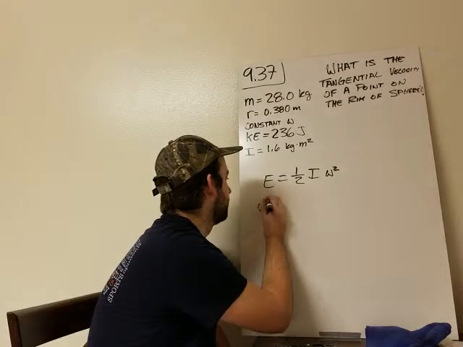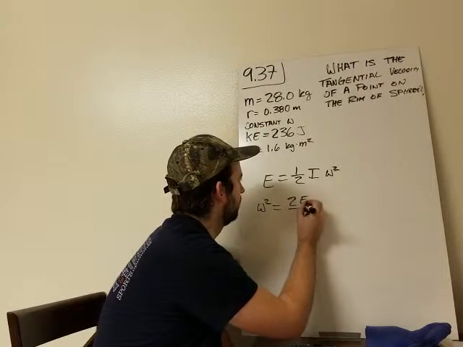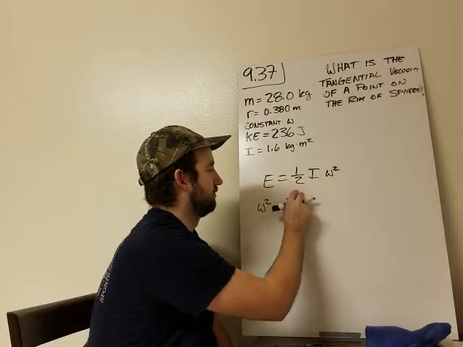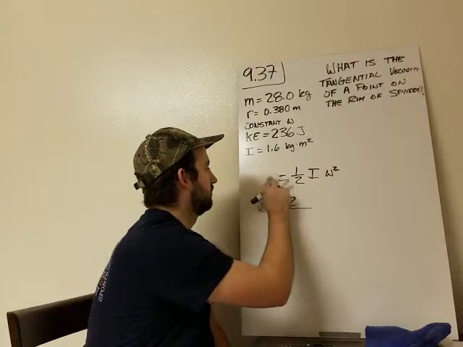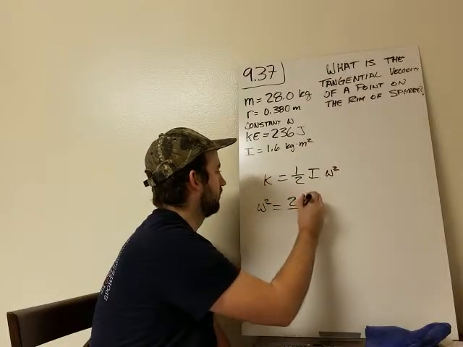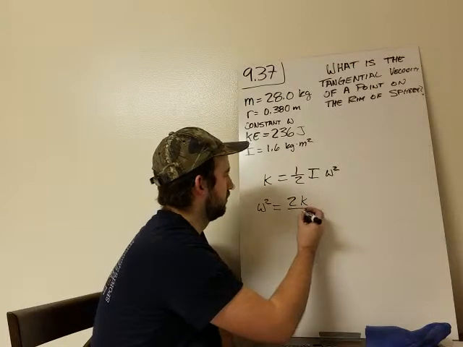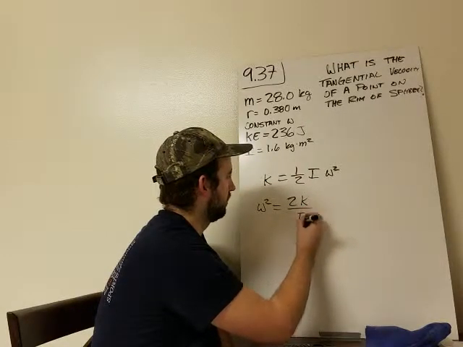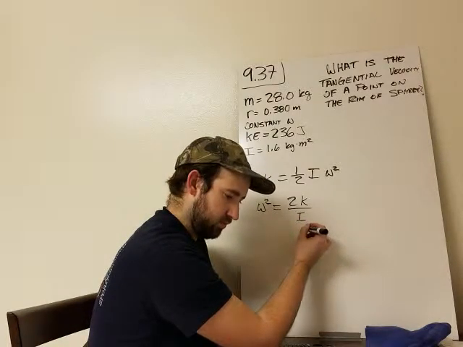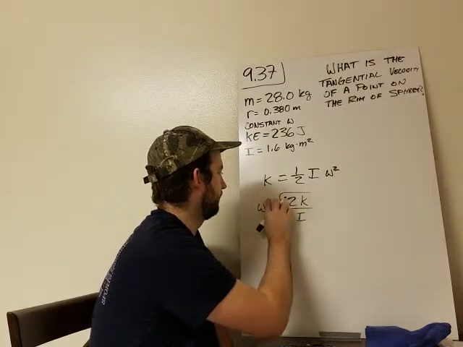And so we end up getting, let's see, omega squared equals 2E over I. I'm going to change the E; I like to use K. So 2K over I, and then we'll square root that.